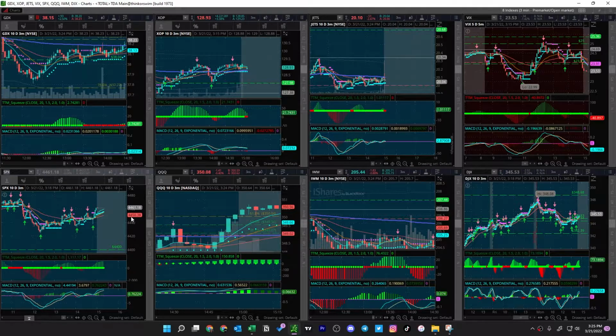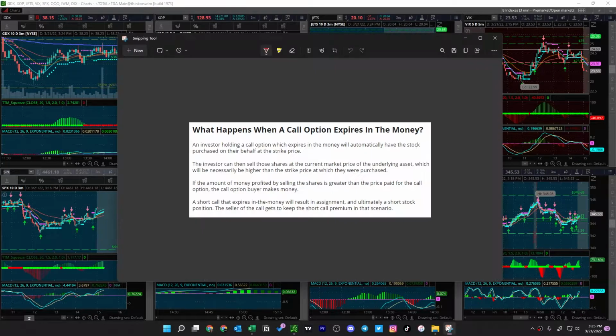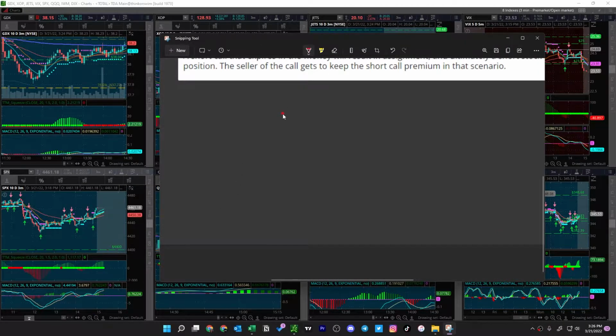Okay. So even though I only paid the $1.95, I'm still getting the entire value of 5 whole shares. So basically, your price will basically be 4,455 plus 1.95.